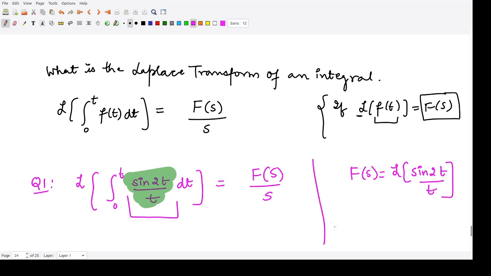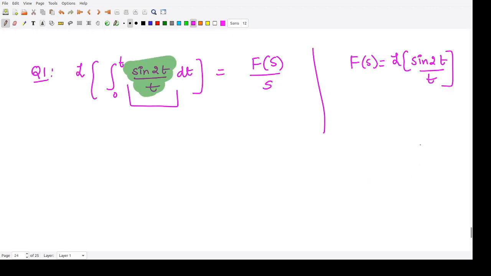So firstly we calculate the Laplace transform of this particular function. For that, we will first calculate the Laplace transform of sine 2t. We know the Laplace transform of sine 2t is equal to 2 divided by s square plus 4, that is s square plus 2 square.